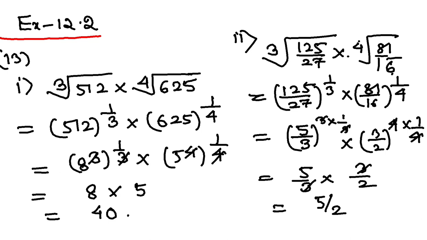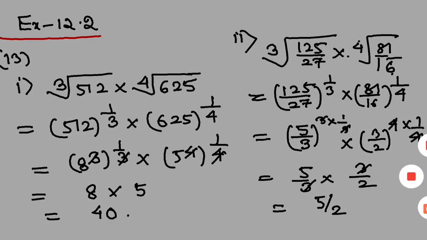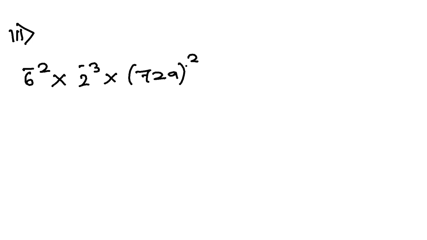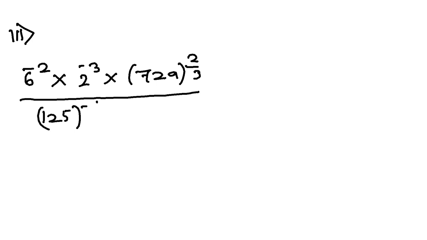Now let's go to question number 3. Now question number 3 is 6 to the power minus 2 into 2 to the power minus 3 into 729 whole to the power 2 by 3 divided by 125 whole to the power minus 1 by 3 into 64 to the power minus 1 by 6.